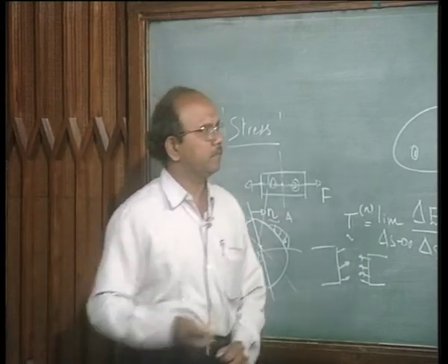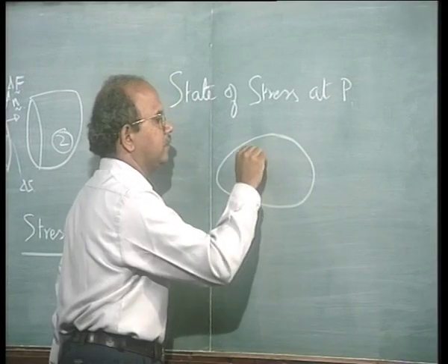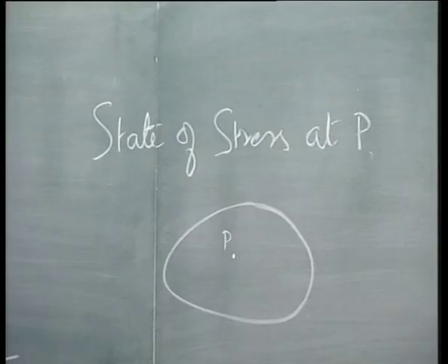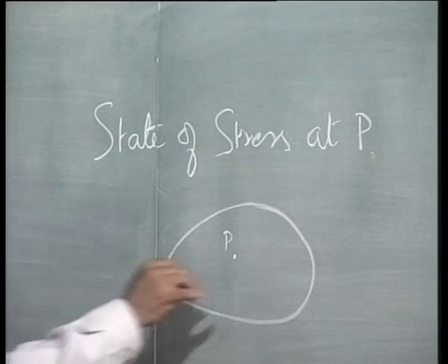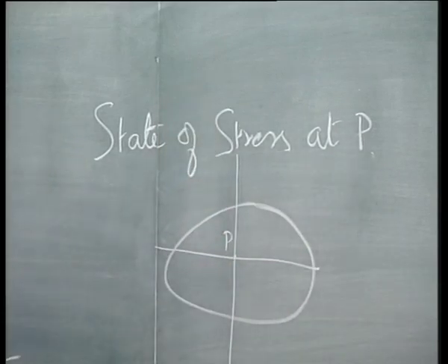For example, in the same figure, if you want the state of stress at a point P on the same component, then I can define three planes, 1, 2, and another plane perpendicular to the axis of the board, such that the normals of these planes pass through x1, x2 and x3.